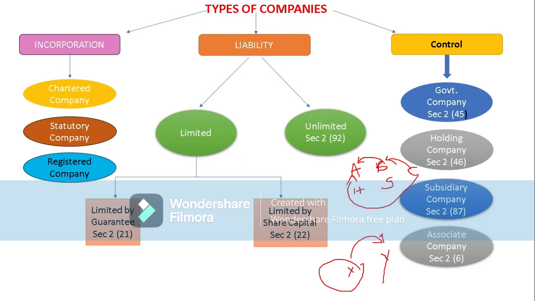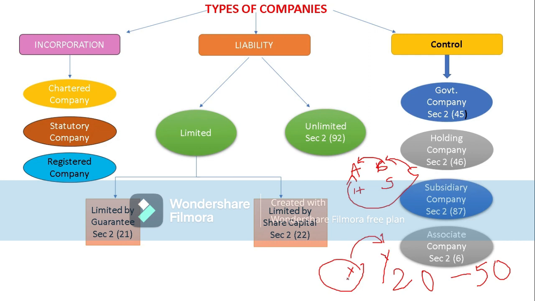Significant influence means X company is having between 20 to 50% of the shares in Y, not more than 50%. So Y company is considered an associate of X company.